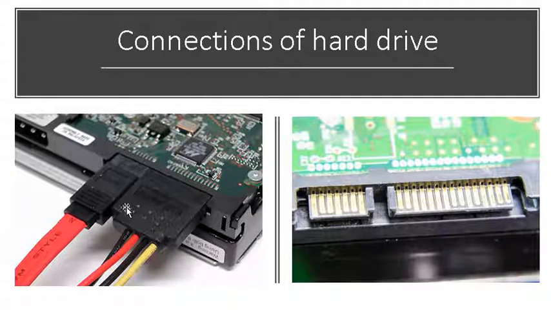And the other one is your data SATA, which is transferring the information which was coming from the actuator arm. So these are pretty much the two connections that you need for your hard drive, one to power it on and the other for transferring the data from or to your hard drive.